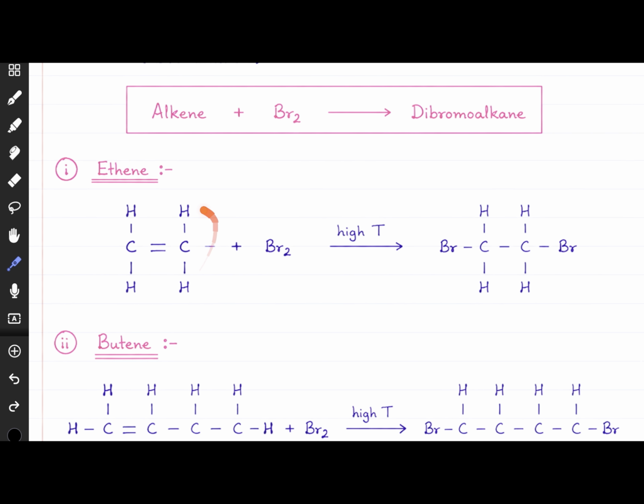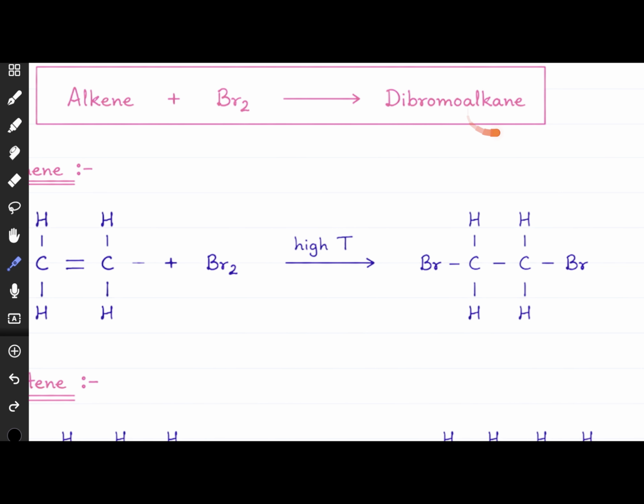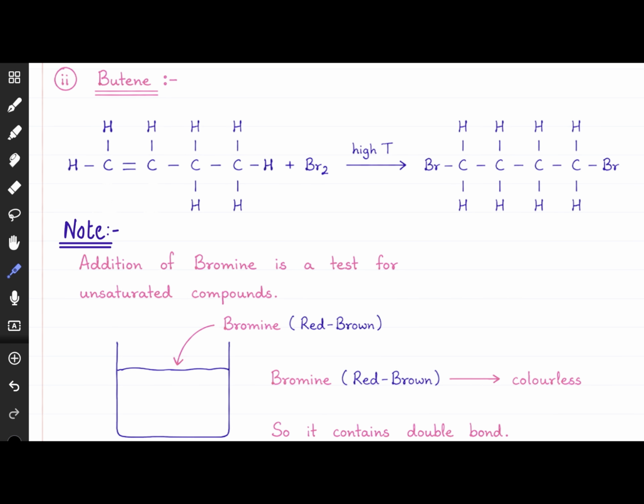Here, ethene is reacting with bromine in the presence of high temperature to form dibromoethane. Alright? And it's called an alkane at the end because the double bond is broken down and it becomes a saturated compound. So it's called dibromoethane.